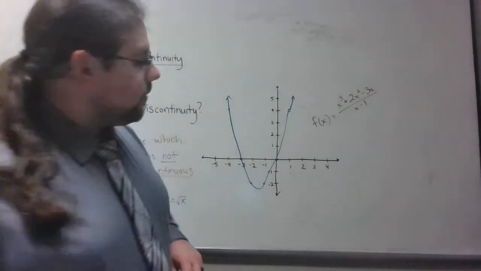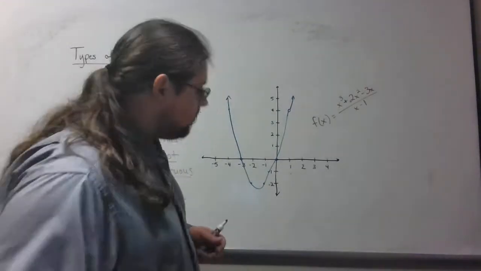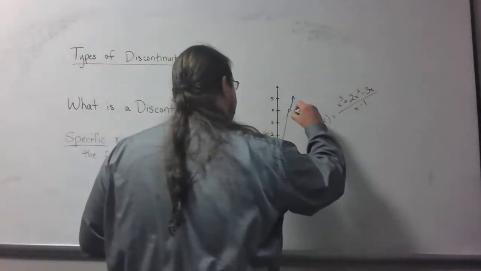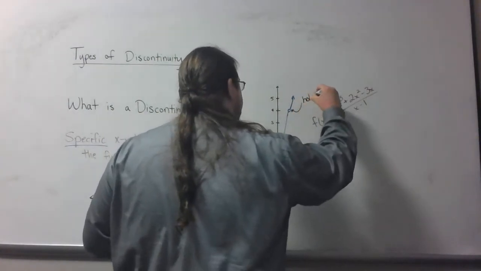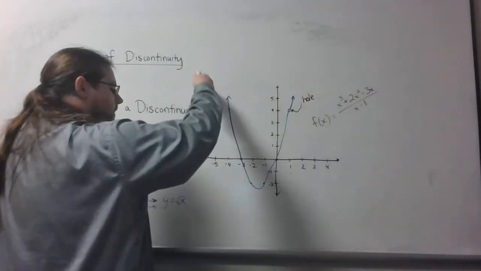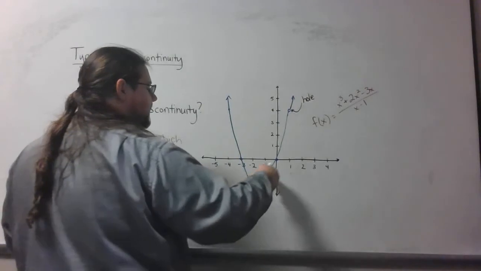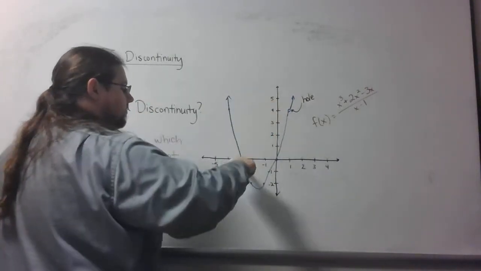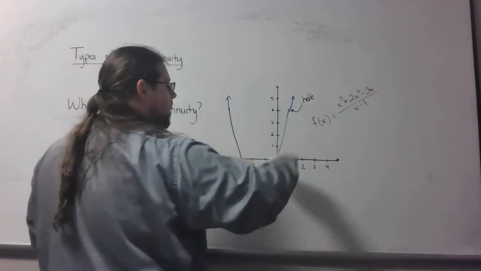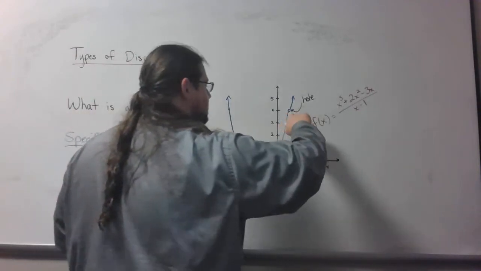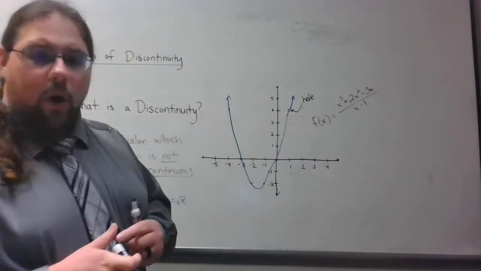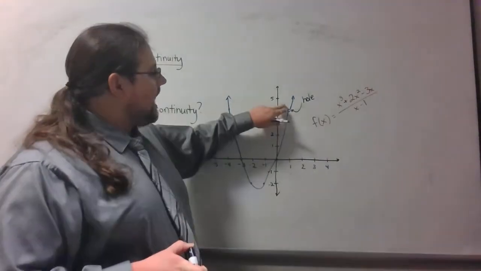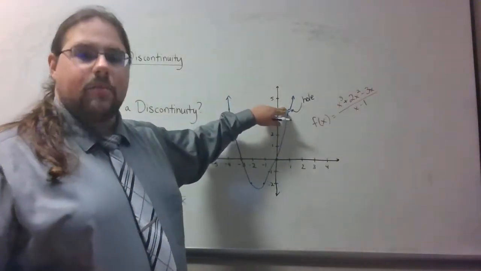So what we end up with, and I'm going to write it over here on the board, is a thing that we like to call a hole. Notice it is continuous for all of these x values over here. Negative 4, I got 4, negative 3, I got 0. It's continuous for all of these numbers, but I have an empty dot, I have an open dot, a hole, where the graph should be at 1, 4.